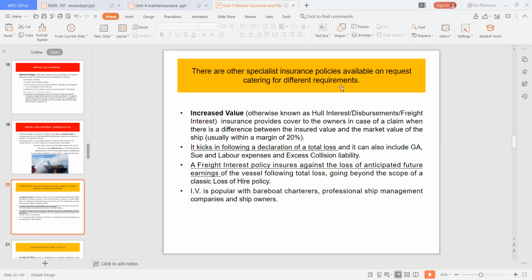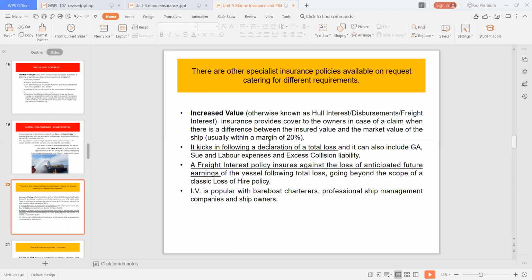There are other specialist insurance policies available on request, catering for different requirements: increased value, otherwise known as hull interest, disbursements, and freight interest. Increased value insurance provides cover to the owners in case of a claim when there is a difference between the insured value and the market value of the ship, usually within a margin of 20%.